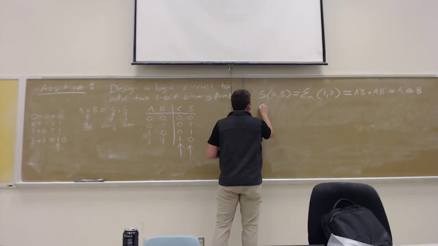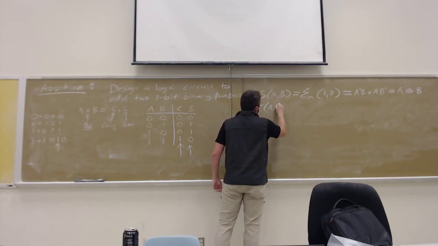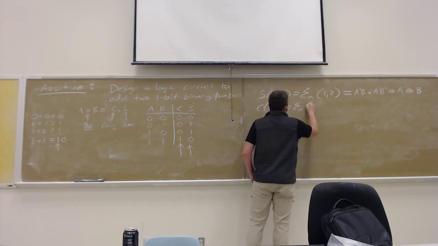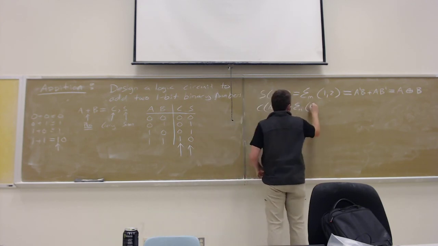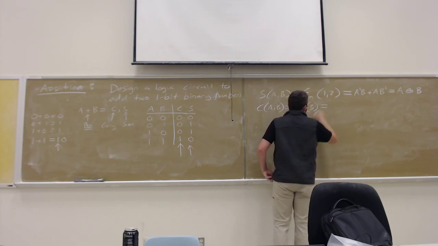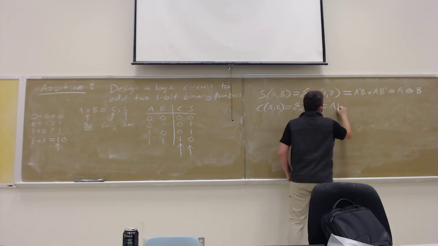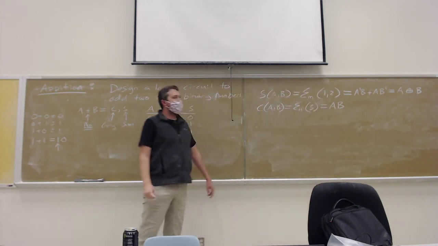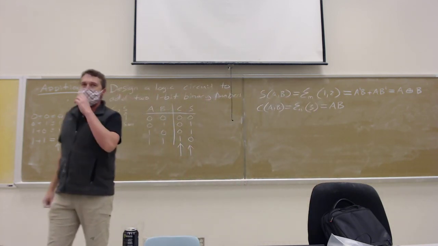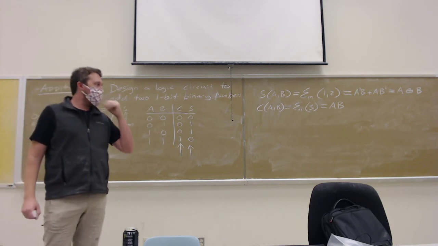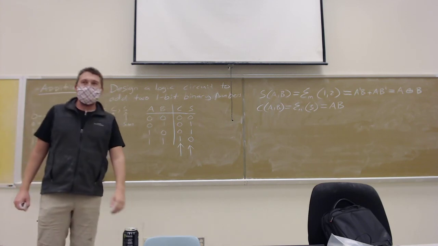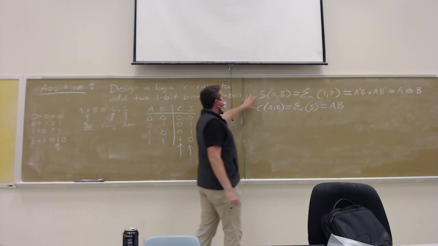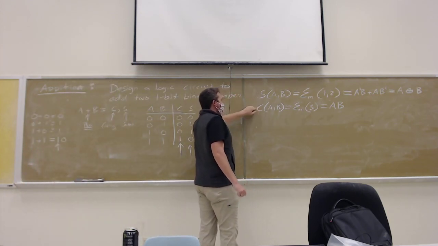Now we need a circuit for the carry, so we'll say C is a function of A and B, and is equal to, again, the sum of minterms. This time it's just 3. That's equal to A and B. Can we simplify that any further? No, it's just one logic gate. So there's our two expressions, one for the sum and one for the carry out.